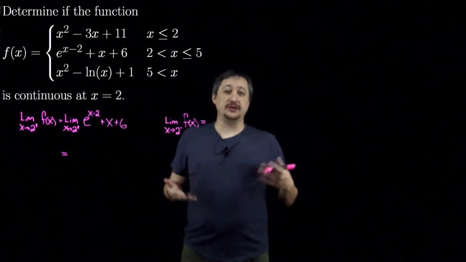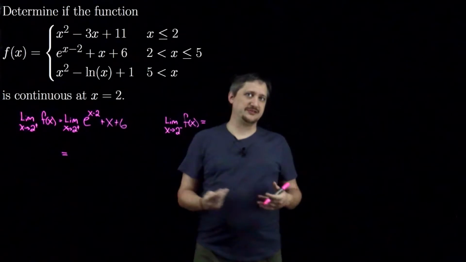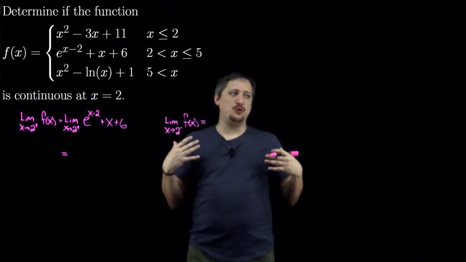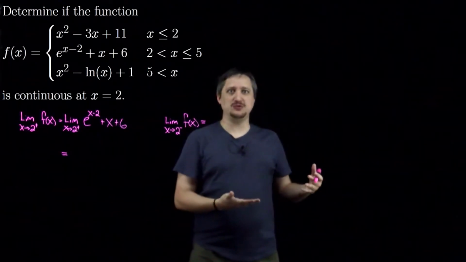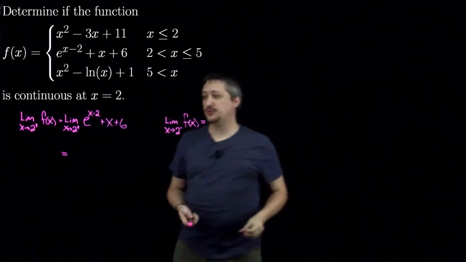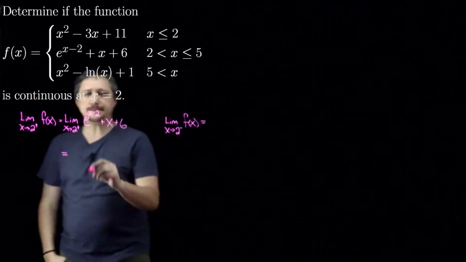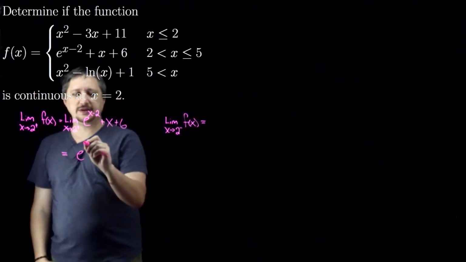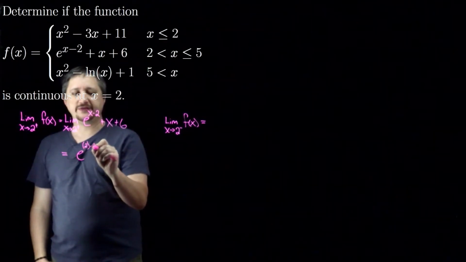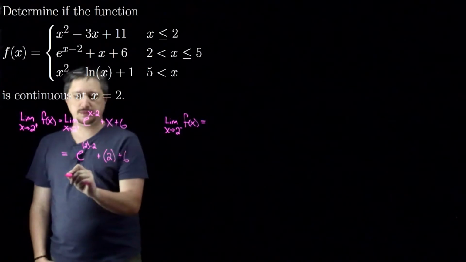Again, typically with limits, if you're not sure what to do, you want to plug in, not because it'll work per se, but because when things go wrong, how it goes wrong usually tells you what to do. But in this case, this is nice and continuous, so I can just plug right in. So this is going to be e to the 2 minus 2 plus 2 plus 6.